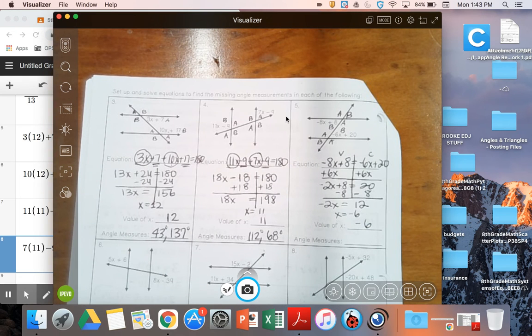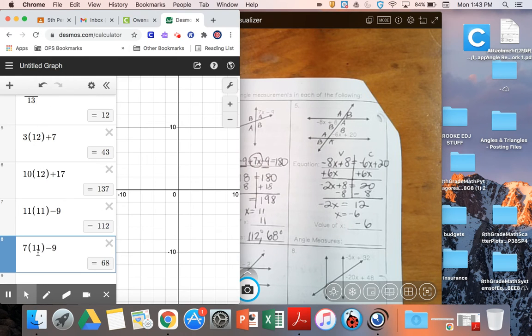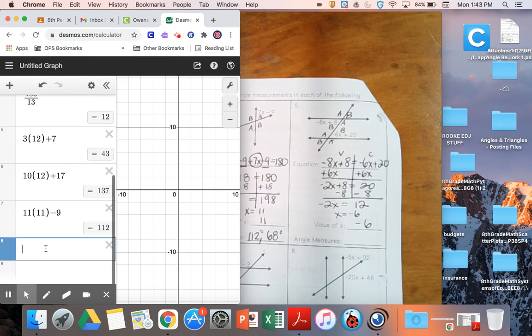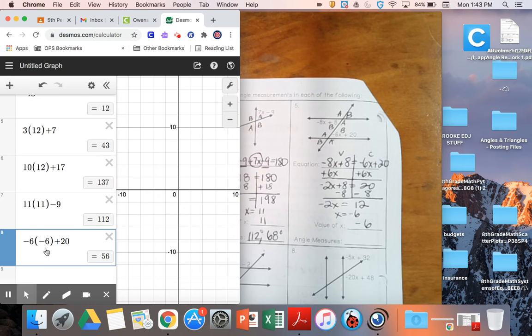So now that I know that my x value is negative 6, all I need to do is just place the negative 6 into one of these because these should be the same value. So let's just pick the one on the bottom there. Negative 6x plus 20. So negative 6 times negative 6, because that's where my x goes, plus 20, 56.